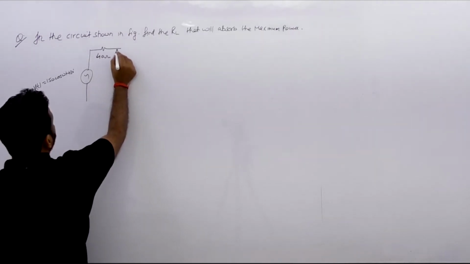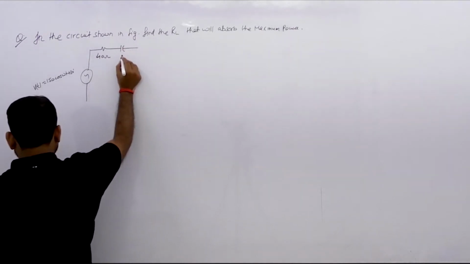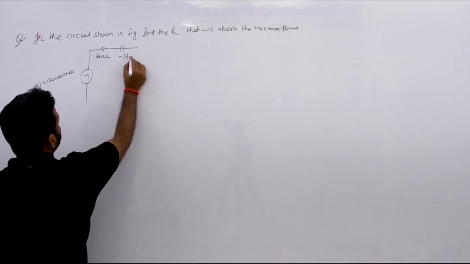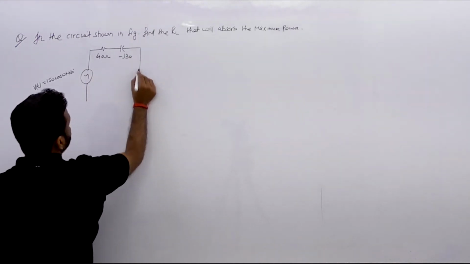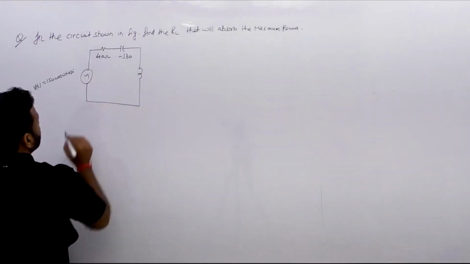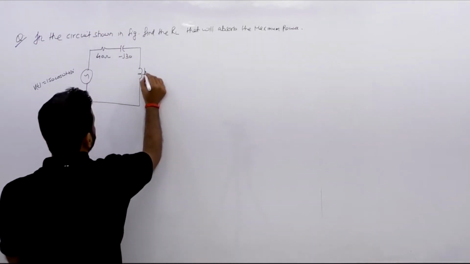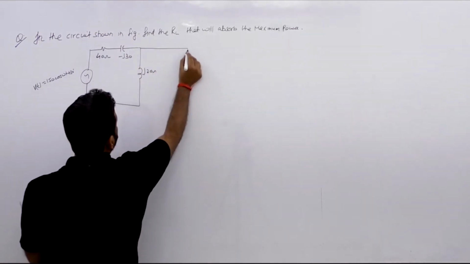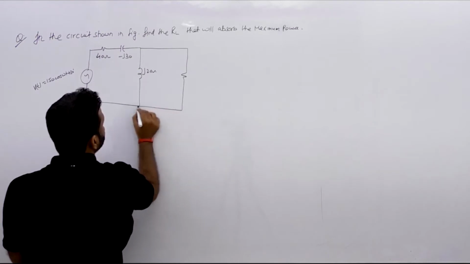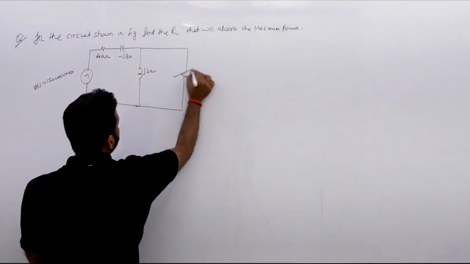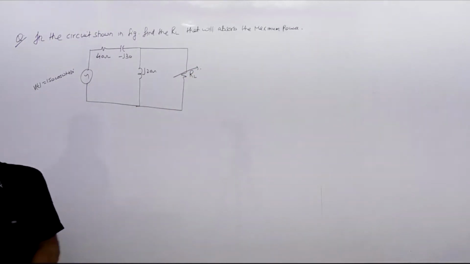Then we will have a capacitor whose value is minus j30. Then an inductor, and the inductor is j20. And this is your load, that is RL. Okay, this is variable.